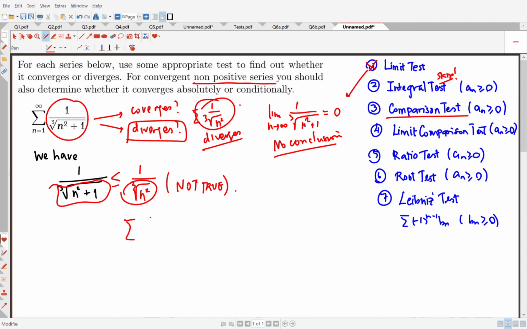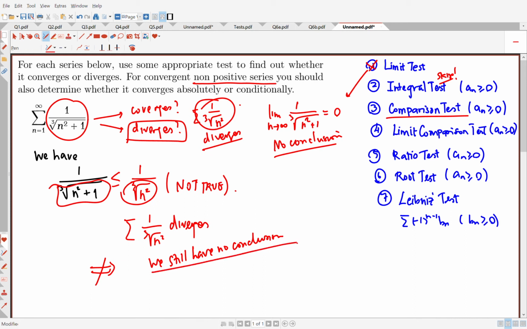And the summation of 1 over this diverges. So I cannot conclude anything. Okay, so there is still no conclusion here. So what should we do?